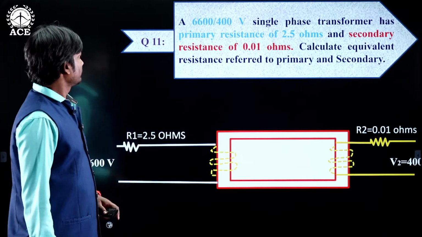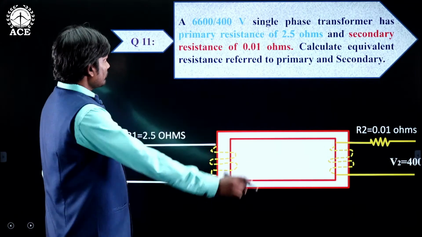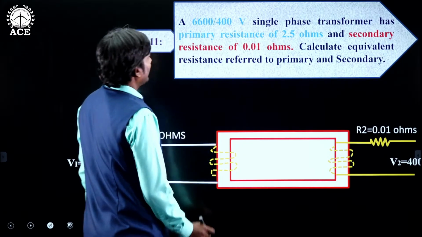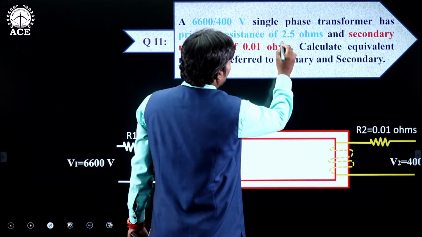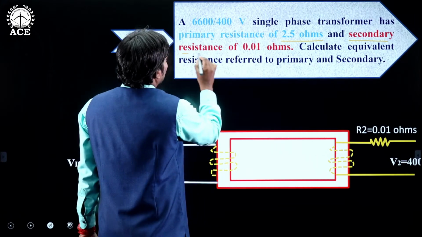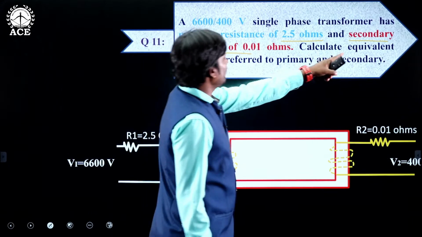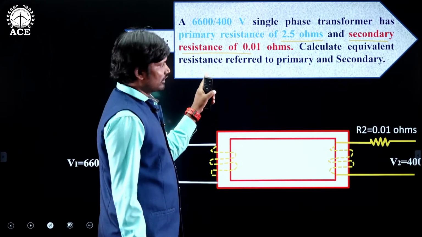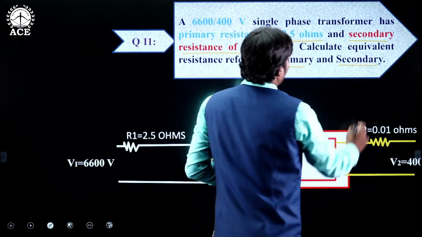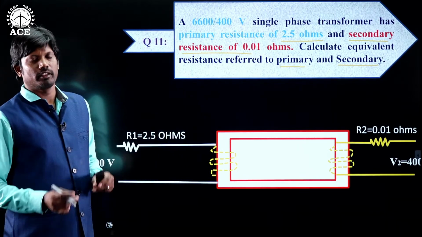Now the next question. A 6600 by 400 volt single phase transformer has a primary resistance of 2.5 ohms and a secondary resistance of 0.01 ohms. Calculate the equivalent resistance referred to the primary as well as the secondary. This problem can be solved by considering two cases.